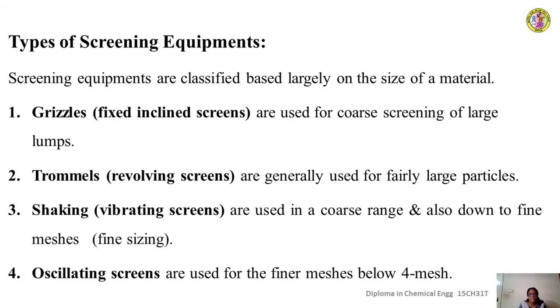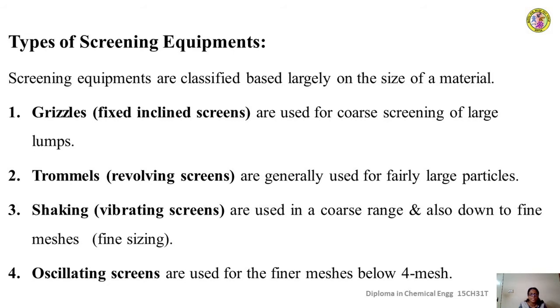The first one is the stationary screen. Here the screen is not subjected to any kind of movement. These are also called fixed screens. They're also termed grizzlies. Then come the trommels. These kinds of screens involve revolving action for screening purposes.